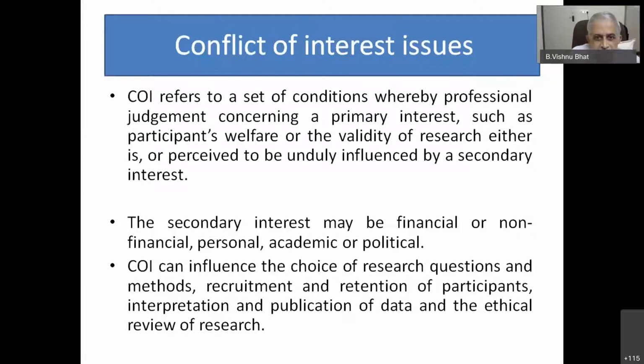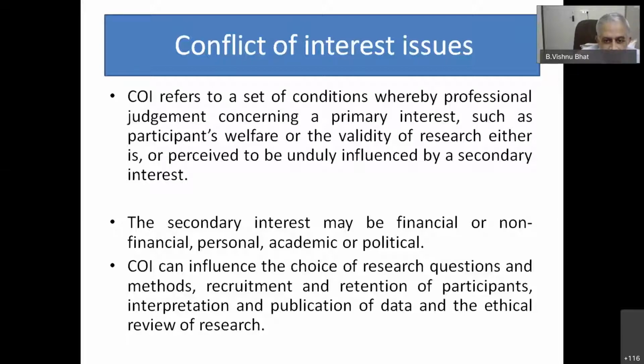It is a condition whereby professional judgment concerning a primary interest, such as the participants' welfare or the validity of research, is either perceived to be or actually influenced by a secondary interest, which could be financial, personal, academic, or sometimes political. So all these conflicts of interest may come into the picture. Although scientists are beyond all these, there could be outside pressure on you. So they have to be taken care of.